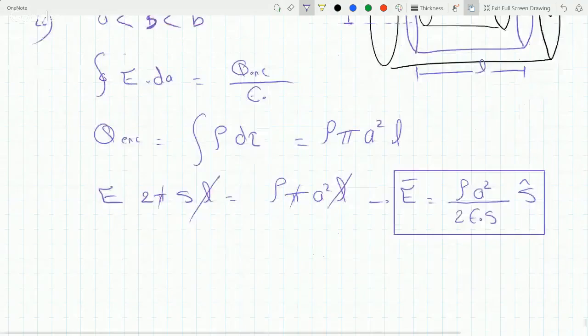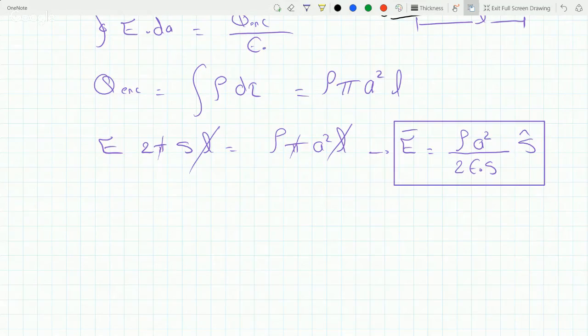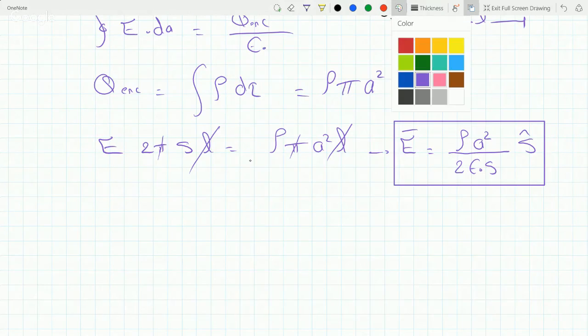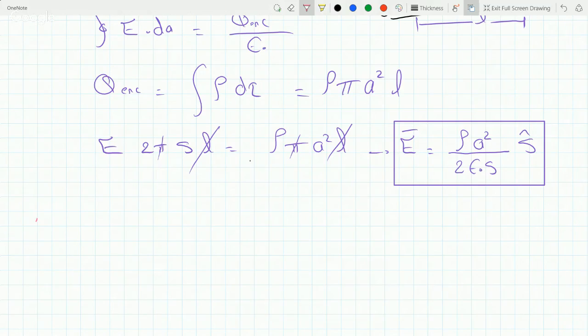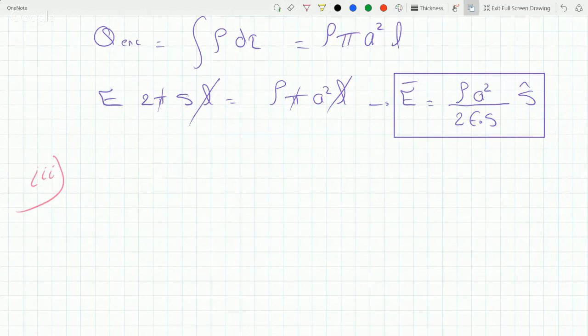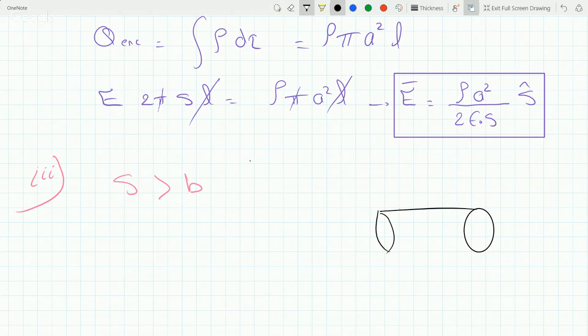Now let's go over the third case. In the third case, we're going to do outside, so S will be greater than B, meaning outside both. So if this is one of them, and this is the other one.